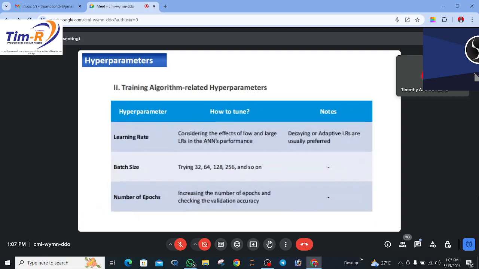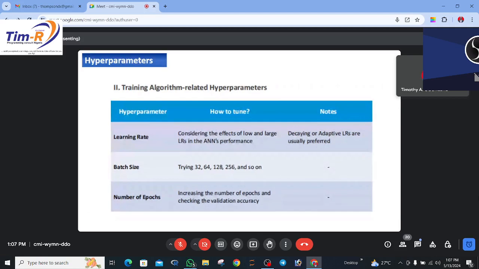So the second one about hyperparameters is training algorithm related hyperparameters. The related hyperparameters are the learning rate, the batch size, and the number of epochs. Now, how do we tune the learning rate?